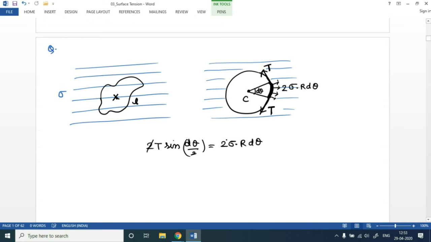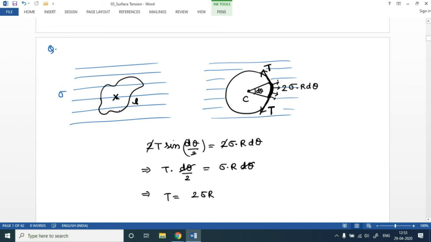So this 2 and this 2 cancel, and also d theta is very, very small, so sin(d theta by 2) would be approximately equal to d theta by 2, so that would be equal to sigma r d theta. So you can also cancel d theta as well. So what we are getting for T is nothing but 2 sigma times r. And how can we find r?